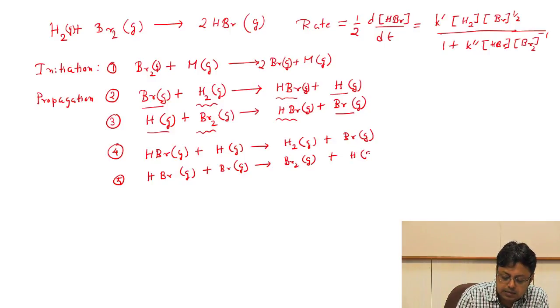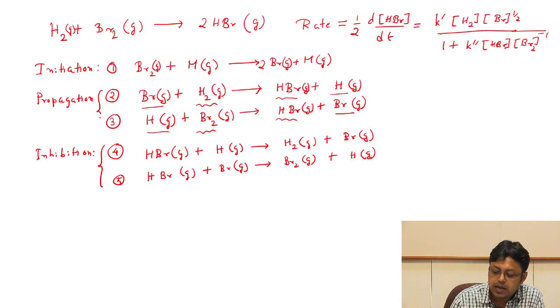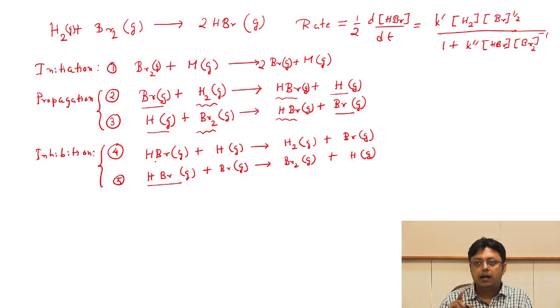This is known as inhibition. Propagation was the two steps together, and you can easily see that the product HBr is actually inhibiting the process. It is scavenging the radicals H and Br, and that's why you see in the rate equation HBr comes in the denominator. So a much higher concentration of the product HBr can also cause inhibition.